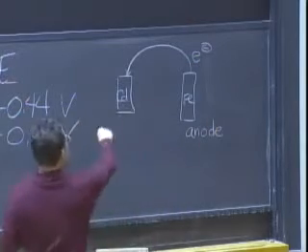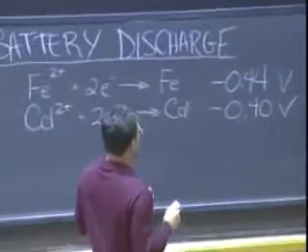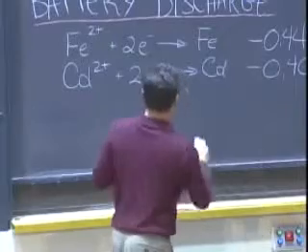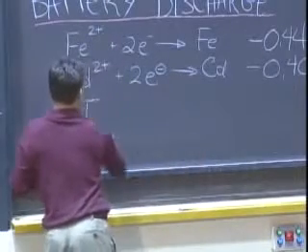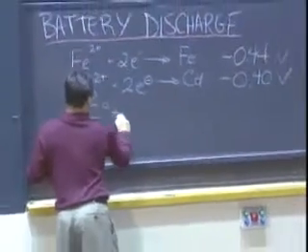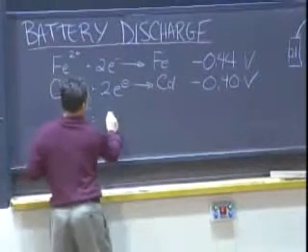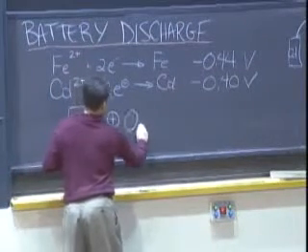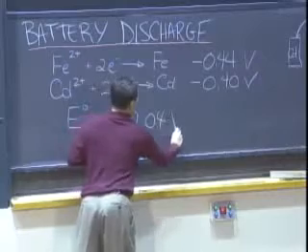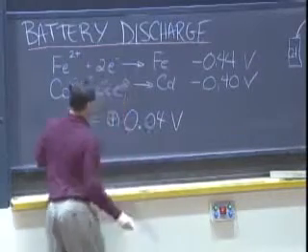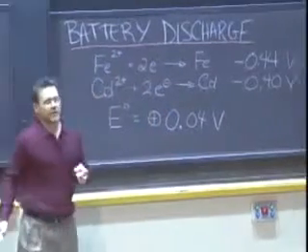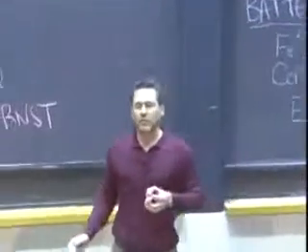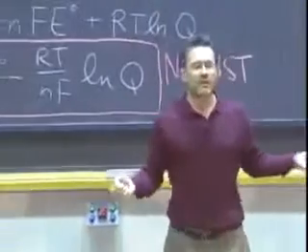For the reaction going that way, we have a standard cell potential, E0, of positive 0.04 volts.